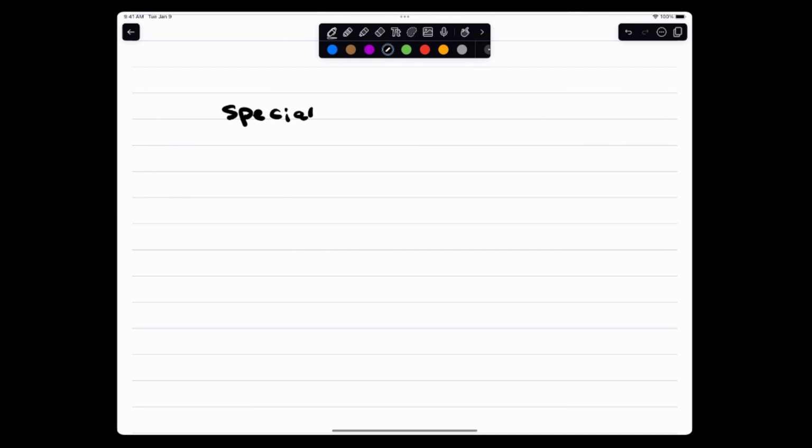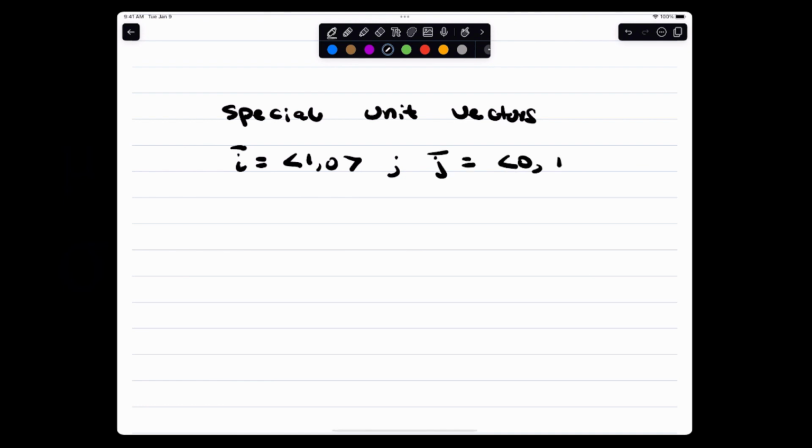Right? The definition is the vector I, which is 1, 0, and then another vector is 0, 1.